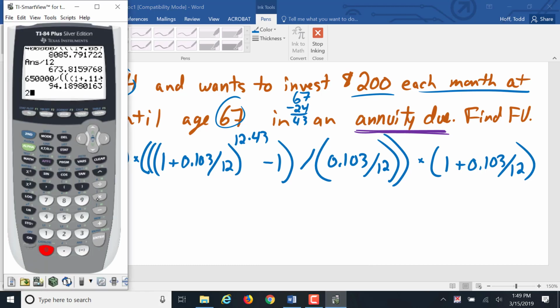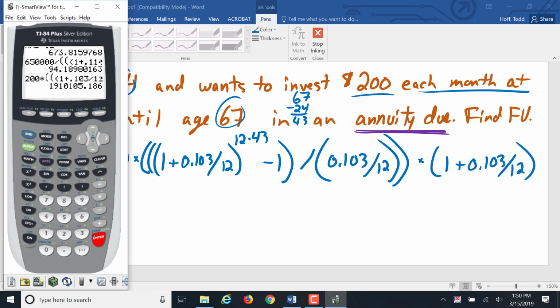So we have 200 times, open parentheses, 1 plus 0.103 divided by 12, close parentheses, to the power of 12 times 43, we'll close that parentheses out. Remember, we have to arrow out of our powers on some calculators. Minus 1, close parentheses, divided by open parentheses, 0.103 divided by 12, close and close. Now we have to do that extra factor, so times, open parentheses, 1 plus 0.103 divided by 12, close the parentheses.